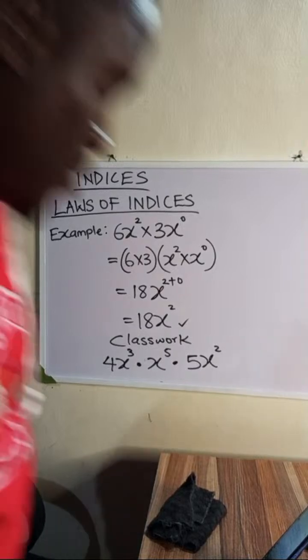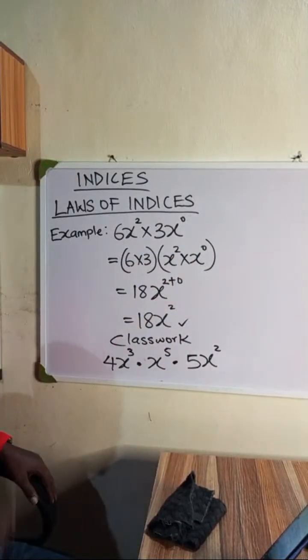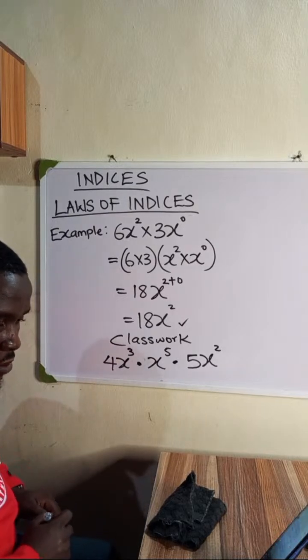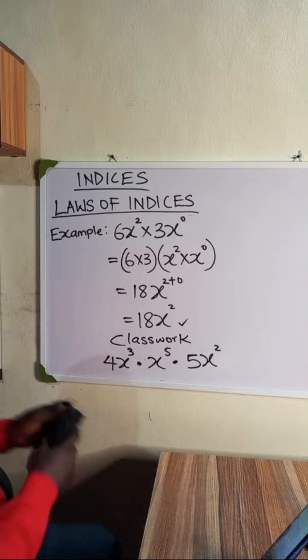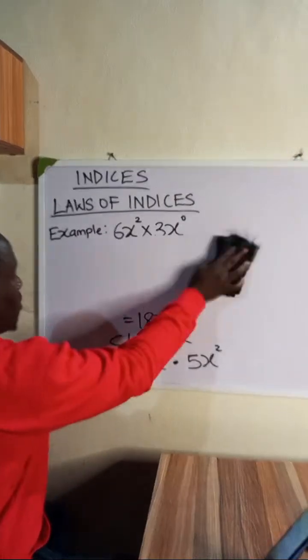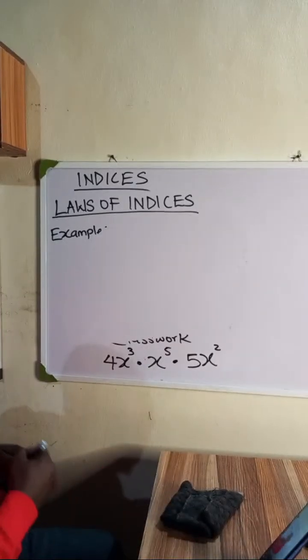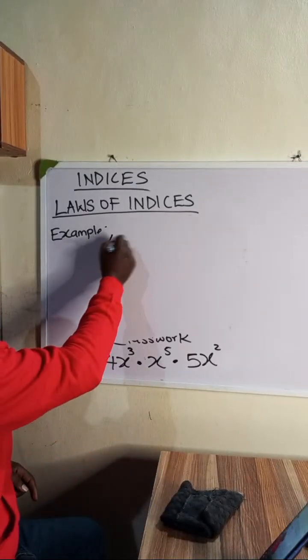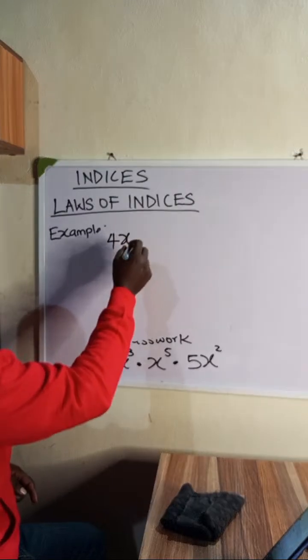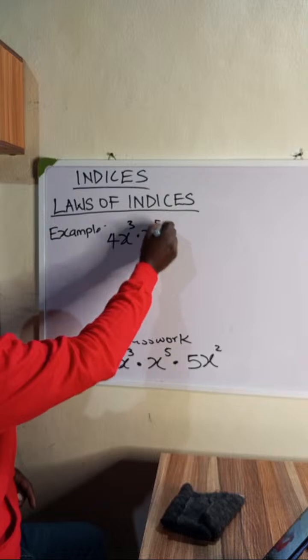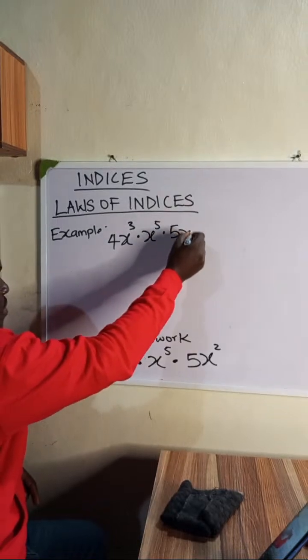Okay, so let's continue. Many persons are getting the answer as 20x to the power of 10. Let's see how that goes. So we have 4x to the power of 3 multiplied by x to the power of 5 multiplied by 5x to the power of 2.